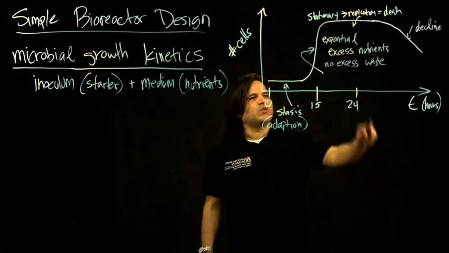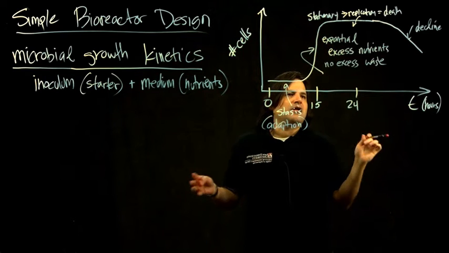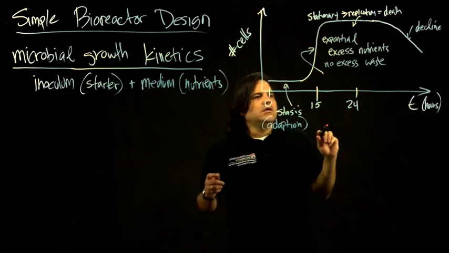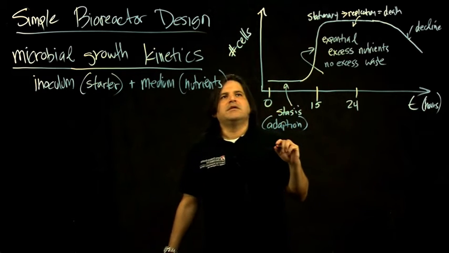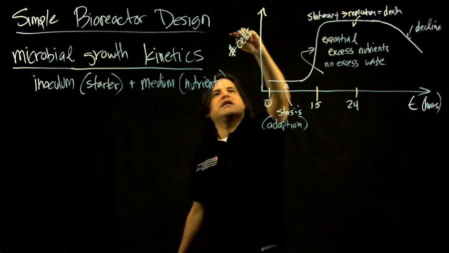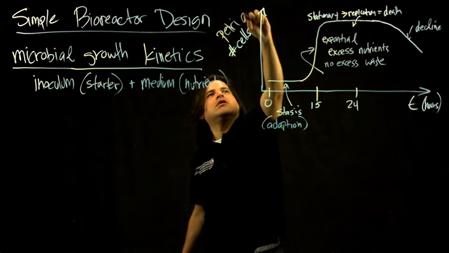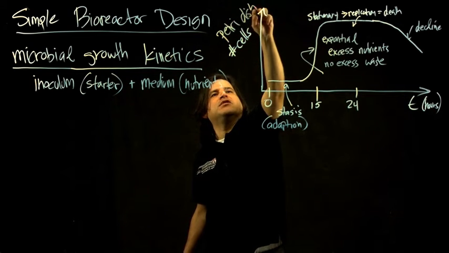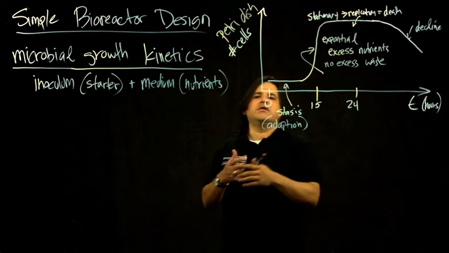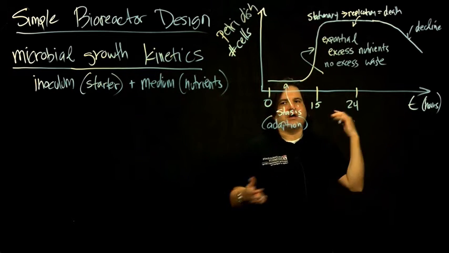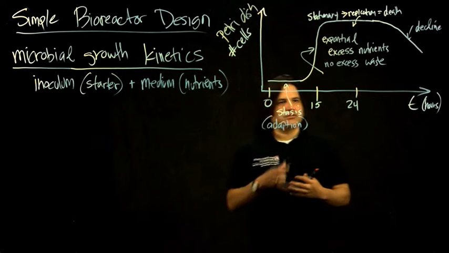But when everything is right for growth, they take off. And this is like in a petri dish, a culture, a closed batch system. You don't keep it flowing, you don't replenish or exhaust, you just keep it in there. This is what would happen.